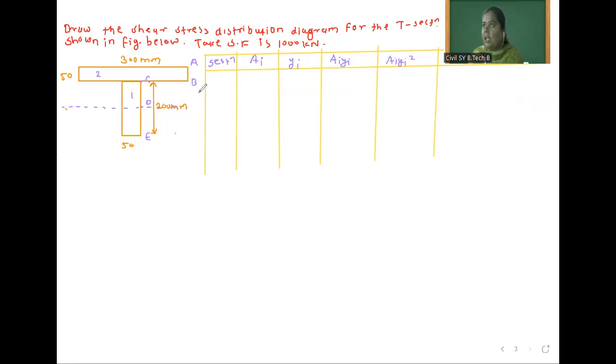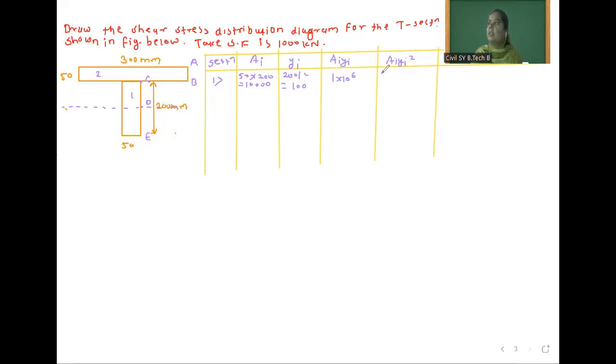So section 1, area for section 1 is 200 into 50, how much? 10,000. After that, Y I is 200 by 2, that is 100 mm. After that, A I Y I is 1 into 10 to the power 6.